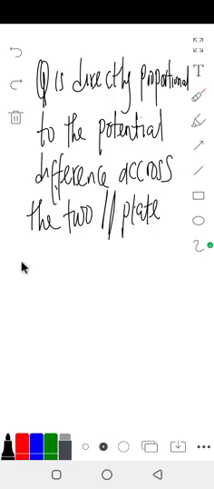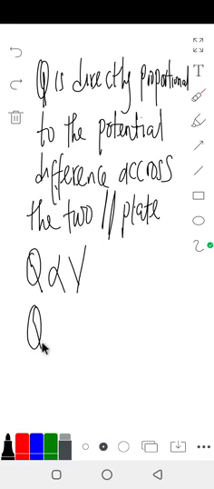Take note of this. That means the quantity of charge Q is directly proportional to the potential difference V. Change the proportionality sign to a constant, and you have Q equal to CV.